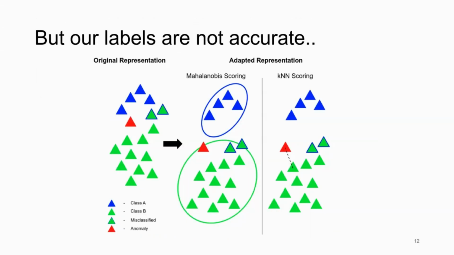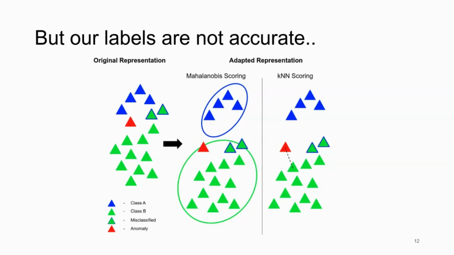Yet, our adaptation was based on approximate labels, pseudo labels that we achieved from SCAN. So we might want to be careful in scoring our anomalies, and this is why we use the k-nearest neighbors scoring.